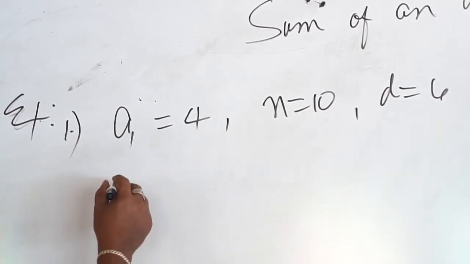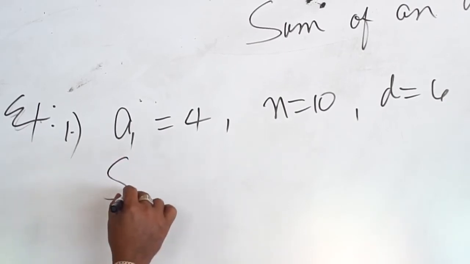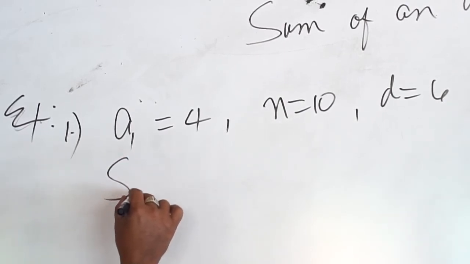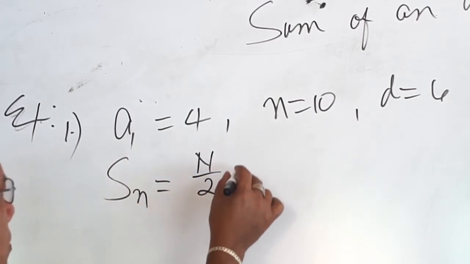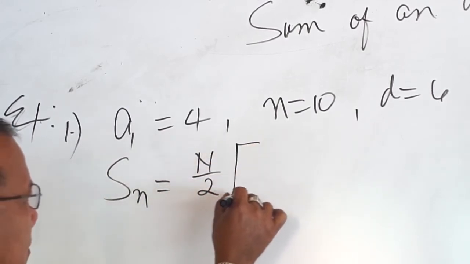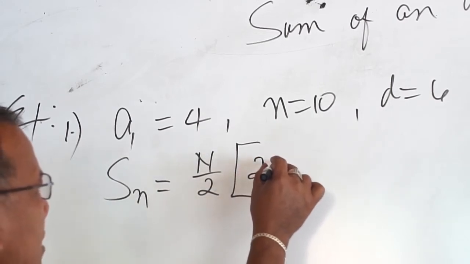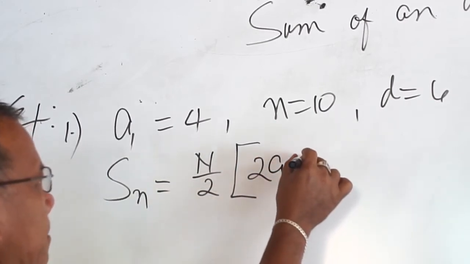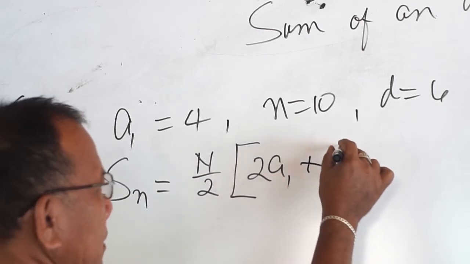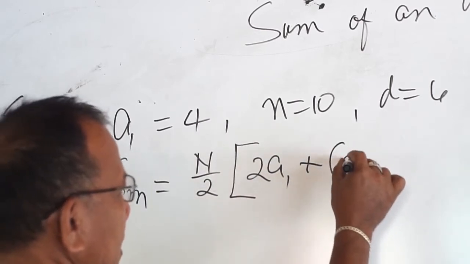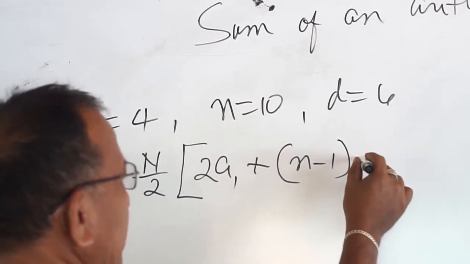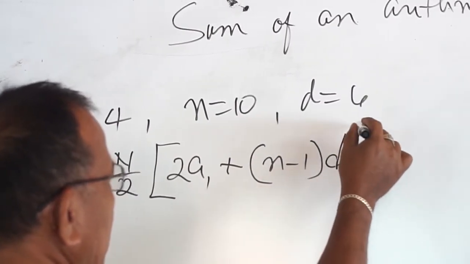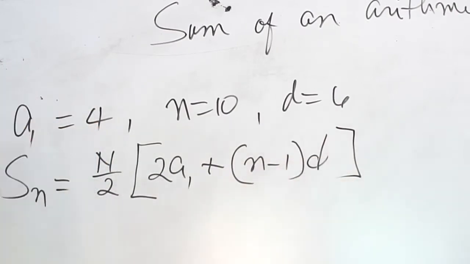Then the formula for solving the sum is S subscript n is equal to n over 2, then open brace, we have 2a subscript 1 plus open parenthesis, n minus 1, then close parenthesis, then multiply it by d, then close brace.